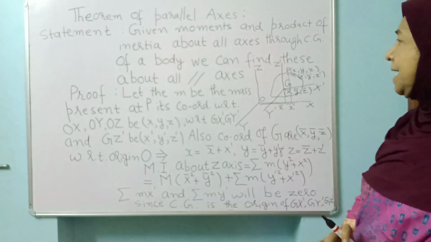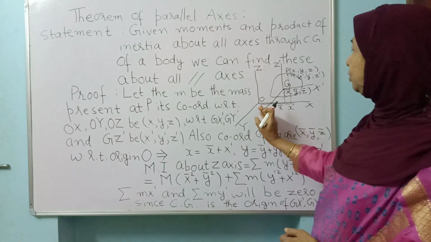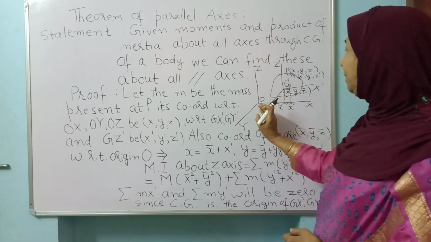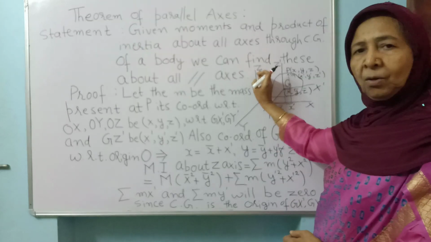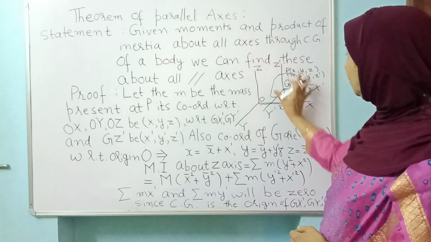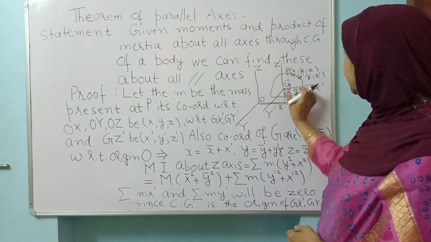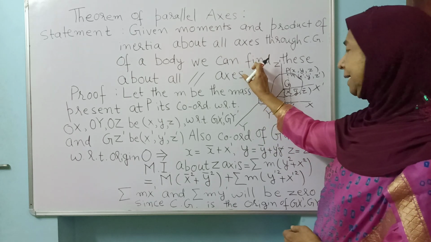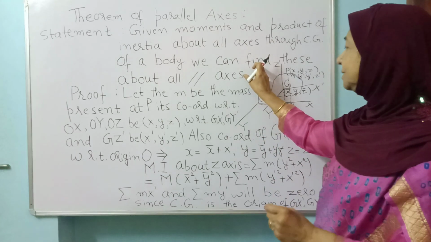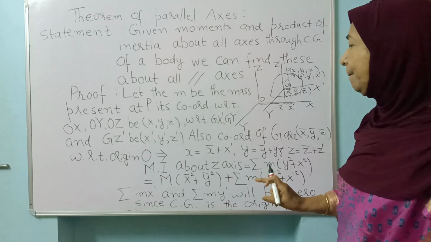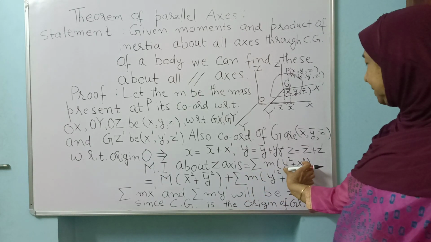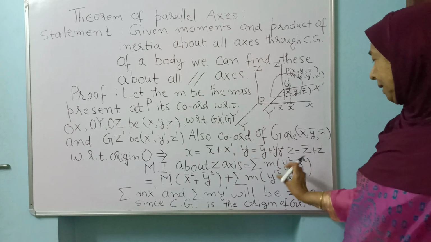Our target is to find the moment of inertia about these three axes, and I am taking the z axis. Okay, so the moment of inertia of this rigid body about the axis OZ will be the summation of mass into its perpendicular distance squared.